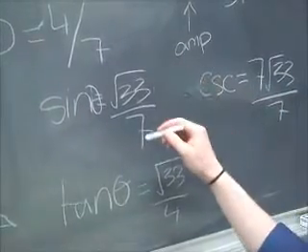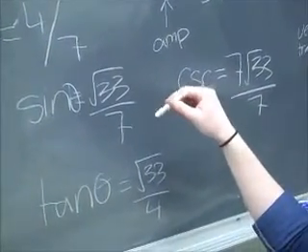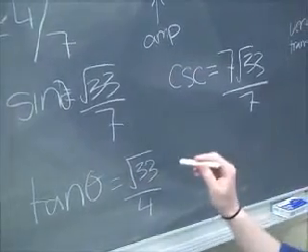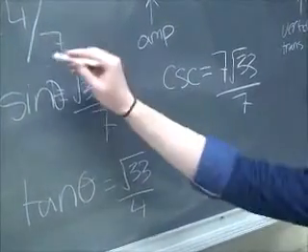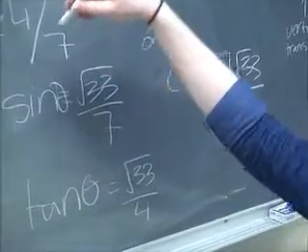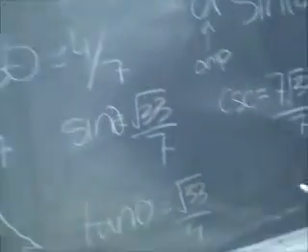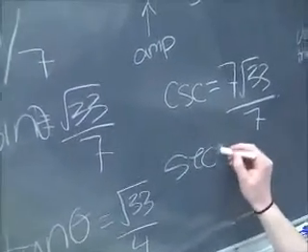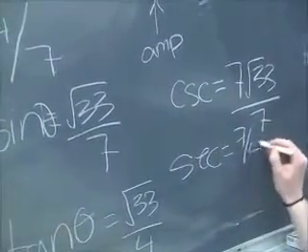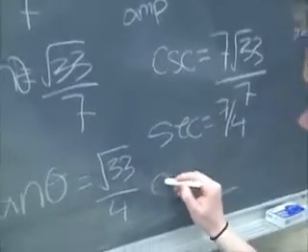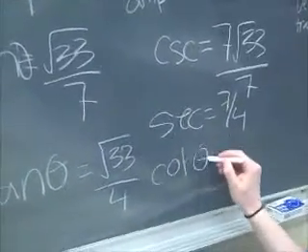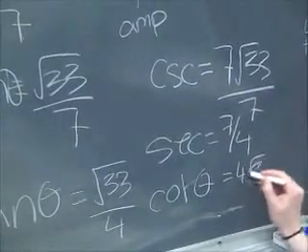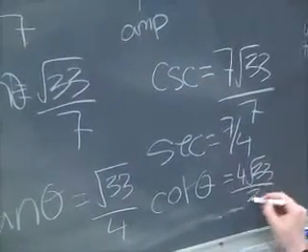Because when you have a square root in the denominator, you want to bring it to the top so it's not in there. The reciprocal of cosine, which is going to be the hypotenuse over the adjacent leg, is secant, which is just 7 over 4, so that one's pretty easy. And then cotangent is the reciprocal of tangent, and that will just equal 4 root 33 over 33.